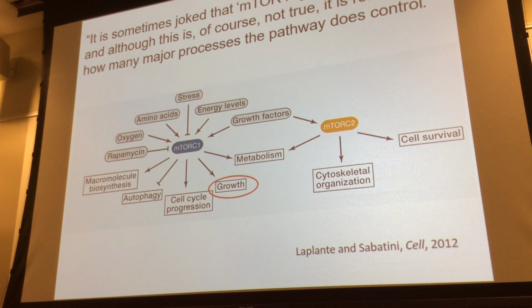Again, we're going to talk about that later. But the reason they call them C1 and C2 is because they both have mTOR as the core component, and then a whole bunch of other components that enable them to have very distinct, very different functions. And when people talk about mTOR, usually they talk about mTOR-C1.